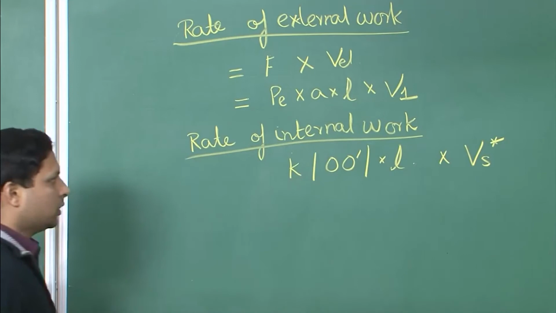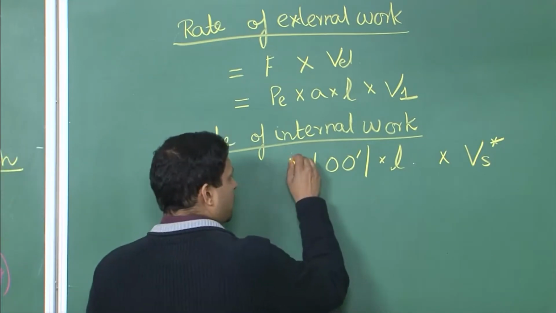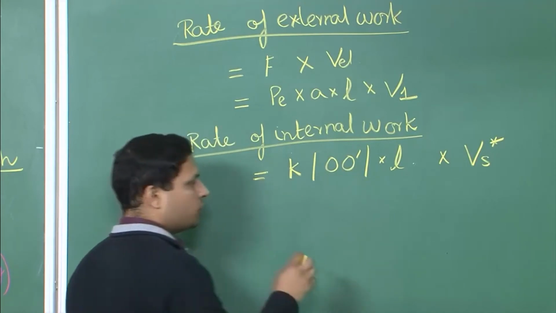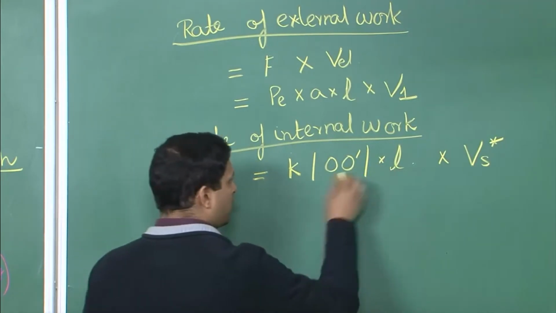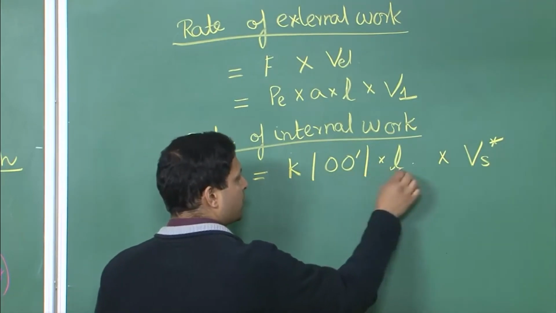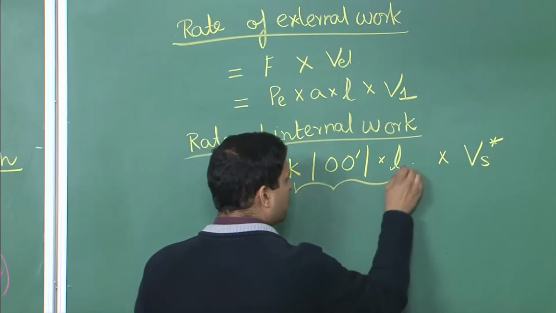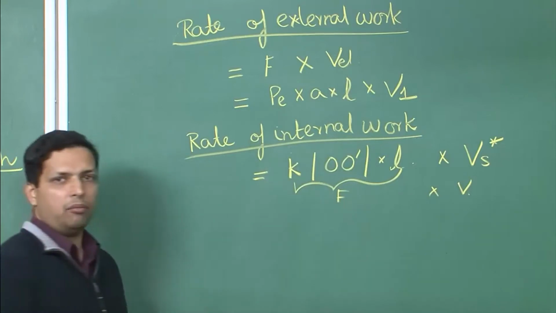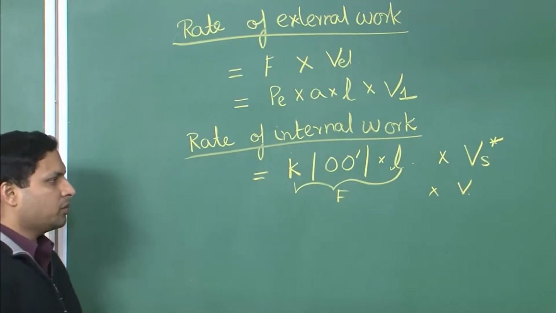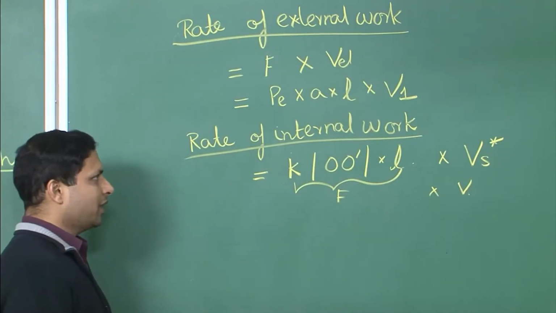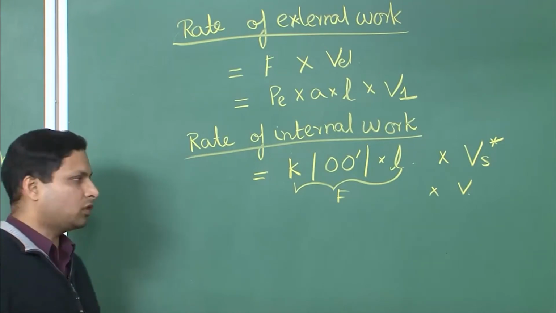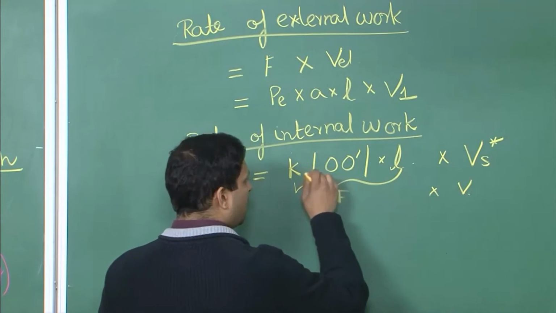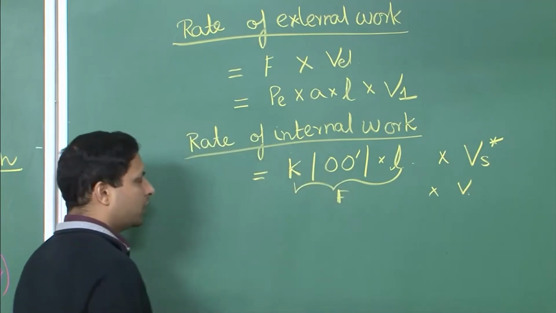So, you see, this is the shear strength of the material K, OO prime is one dimension, L is another dimension. So, this is shear stress times area. So, this is force into velocity. The units are the same. So, we are again talking in terms of force into velocity, so it is indeed rate of work. We are calculating rate of internal work.